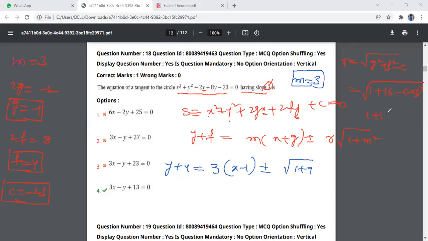So 1 plus 16 plus 23. 24 and 16, so it will be 40.